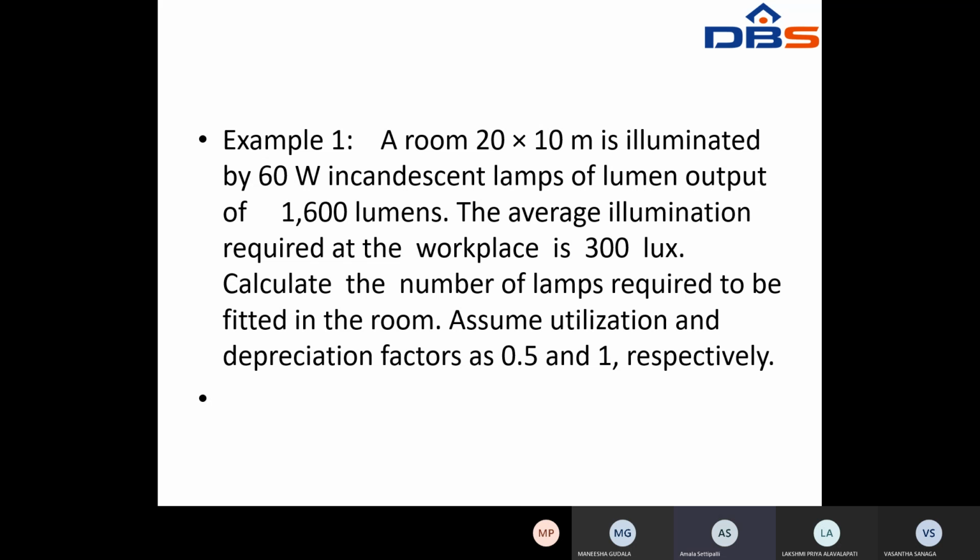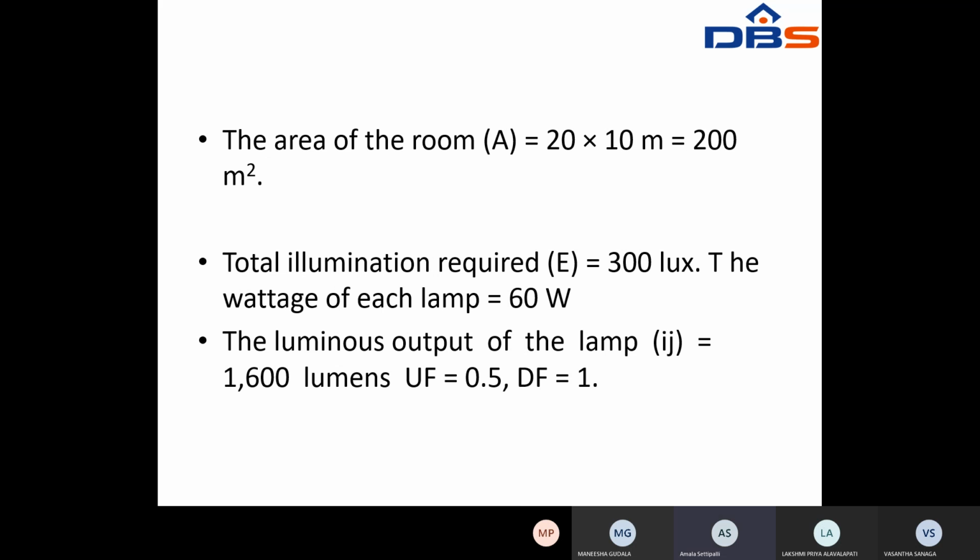So now, given data: the area of the room A equal to 20 meters into 10 meters, so we have to write 200 meters square. This is the area. Total illumination required E equal to 300 lux.